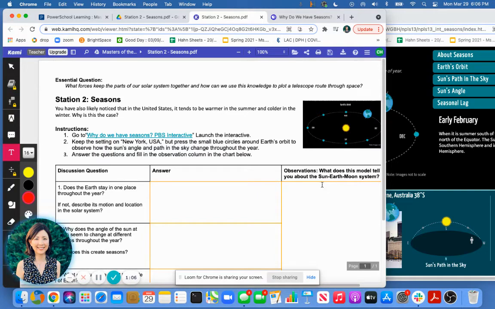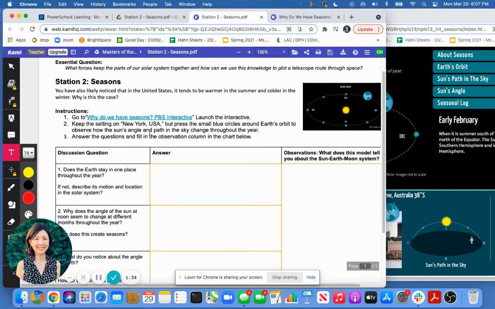So far you learned about the Sun and the Earth: the Earth is revolving around the Sun, and the Earth is rotating, and that's what makes it look like the Sun is rising and falling. And now we're going to see why we have warmer summers and colder winters in the United States. So let's take a look.